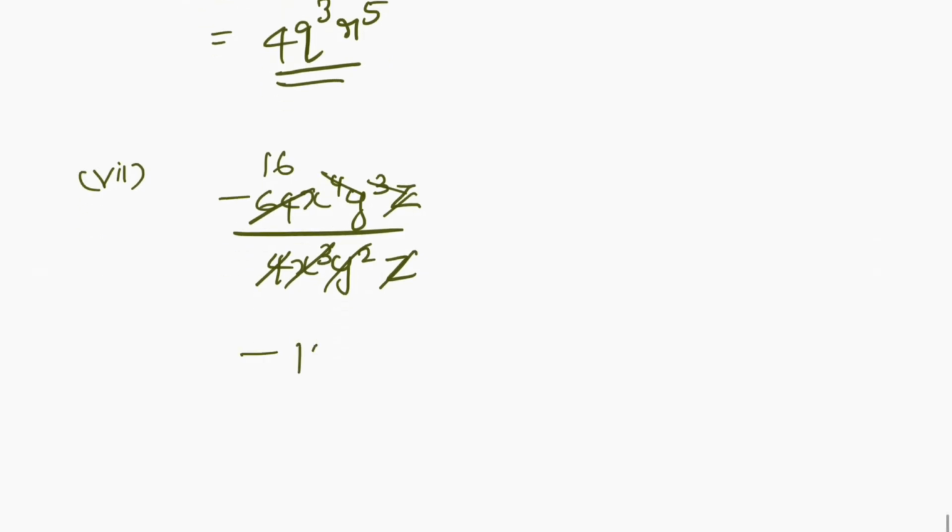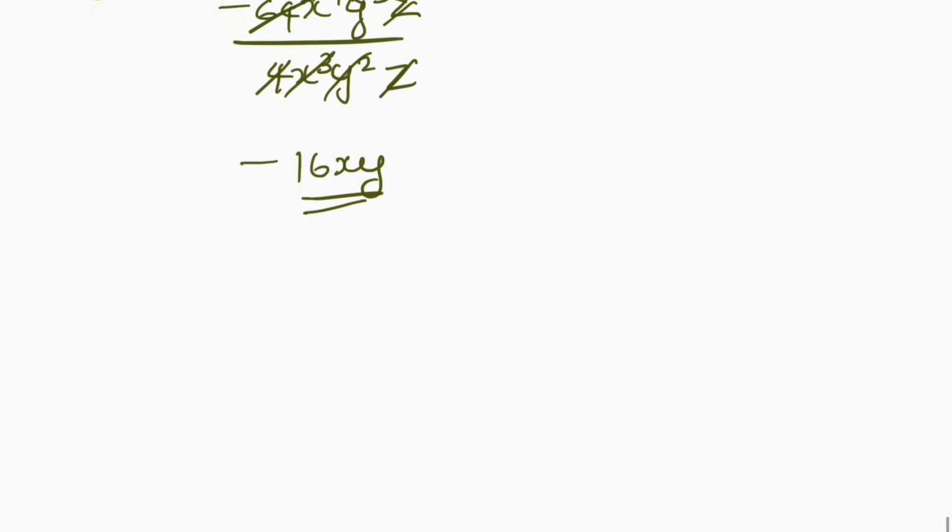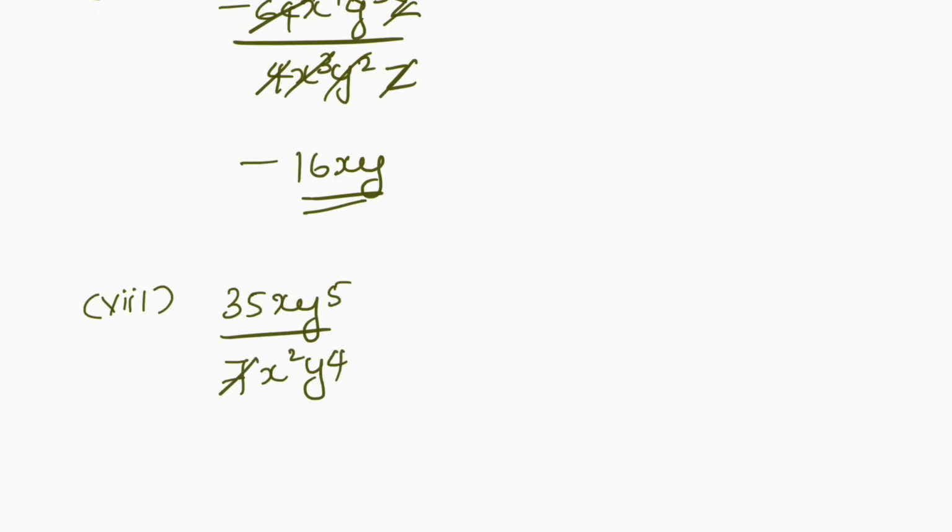So we'll get minus 16xy. Next, 35xy to the power of 5 by 7x square y to the power of 4. 7 fives are 35. So you get 5y by x.